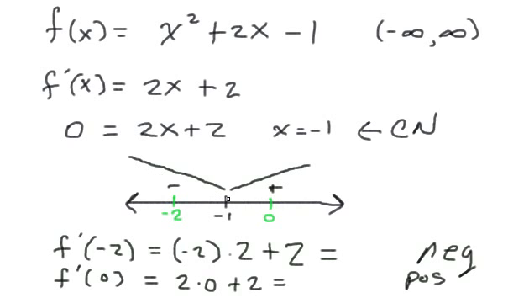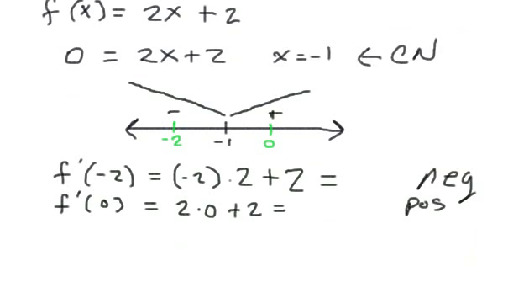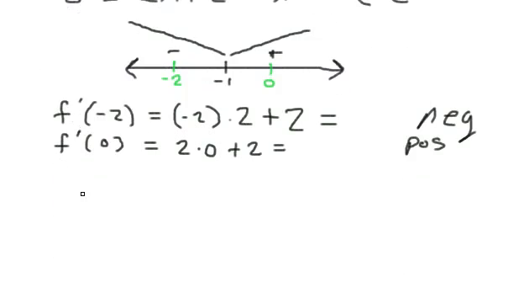So we have decreasing and then increasing, so you can see here that this is going to end up being a minimum, a relative min. This is going to be a minimum at -1. And so now I'm going to plug in f of -1.